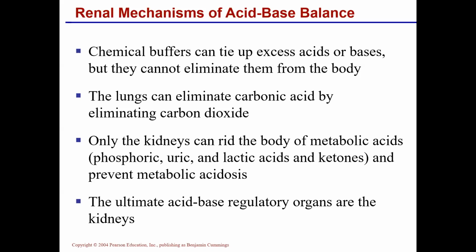Then you can adjust the blood pH. So this is actually a more important mechanism. It can regulate pH more significantly than using the chemical buffering system. So that's why it says the ultimate acid-base regulatory organs are the kidneys.